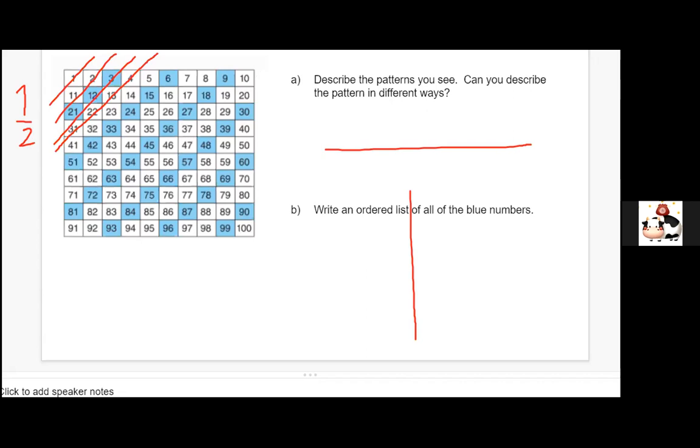Yes, excellent. You're right. Look, diagonal 1, diagonal 2, diagonal 3 has blue boxes. Maybe I'll even paint it blue. There we go.